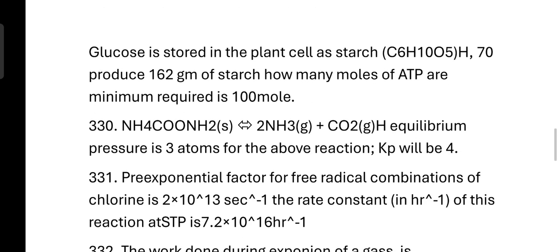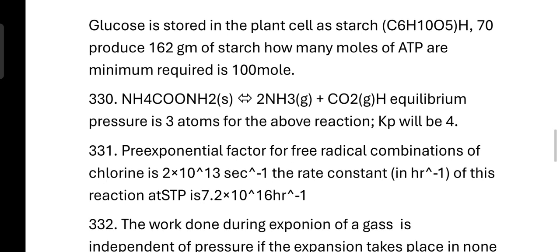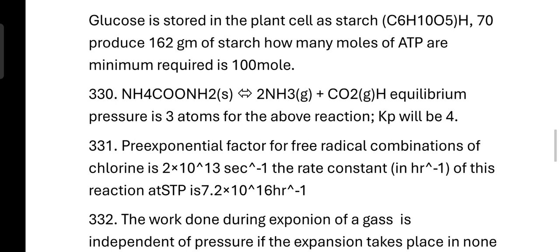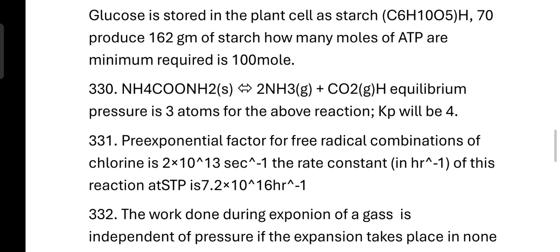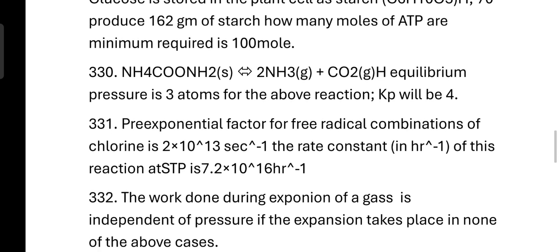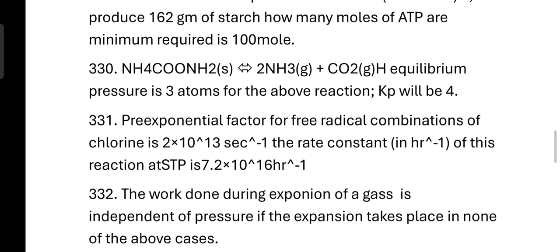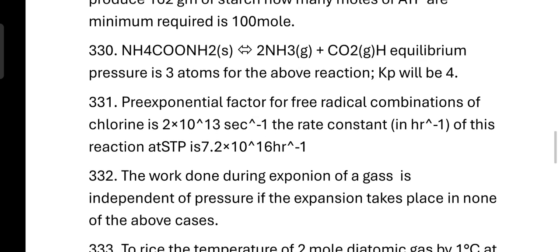Glucose is stored in the plant cell as starch. To produce 162 grams of starch, how many moles of ATP are minimum required? Answer: 100 mole.